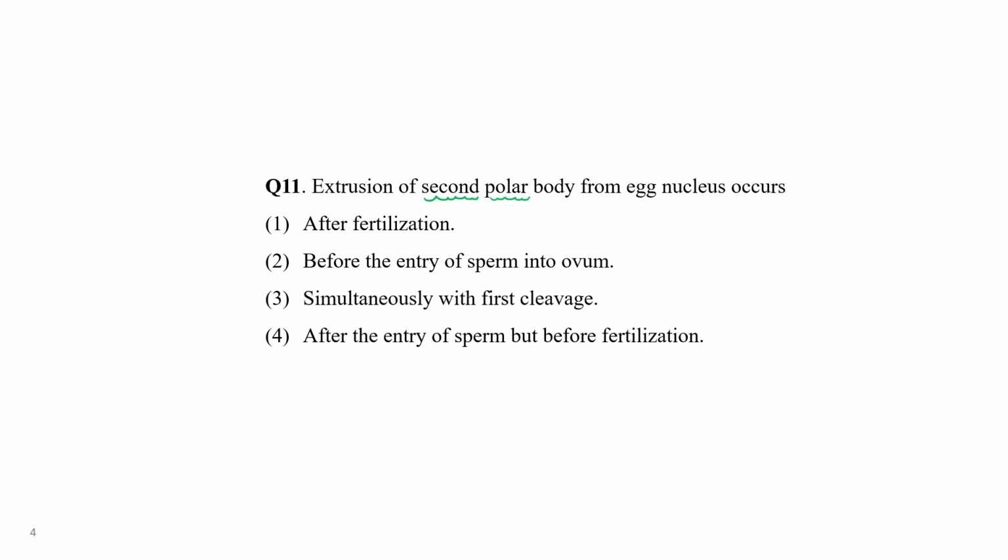Take 5 to 10 seconds. It occurs after the entry of sperm but before fertilization, right? After the entry, before fusion. Not after fertilization, not simultaneously with the first cleavage, and not before the entry of sperm. After the entry of sperm, the second polar body is released from the egg nucleus.